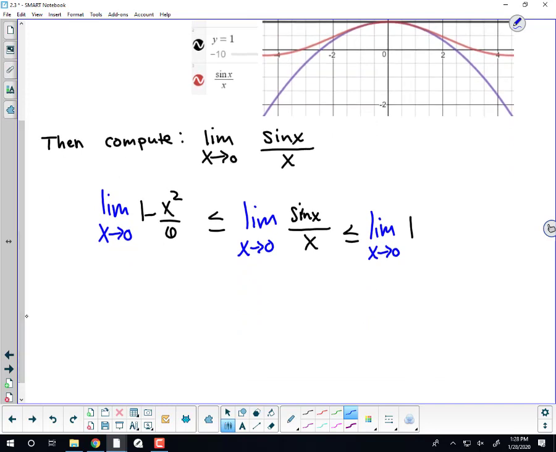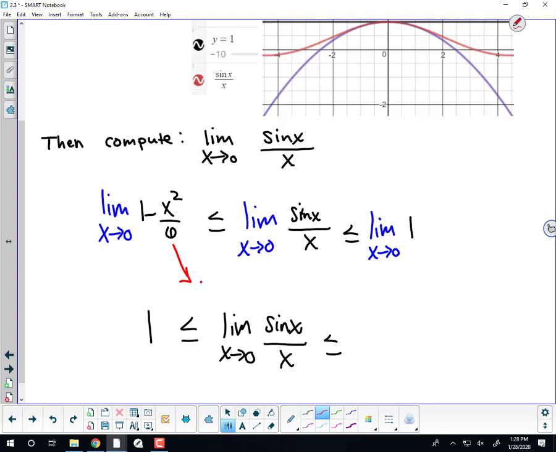So what's the limit as x approaches 0 of the function 1 minus x squared over 6? It's 1, right? Because the x squared over 6 approaches 0, so this whole thing goes to 0, and we're just left with 1 on this side. And the limit as x approaches 0 of the function 1 is 1.